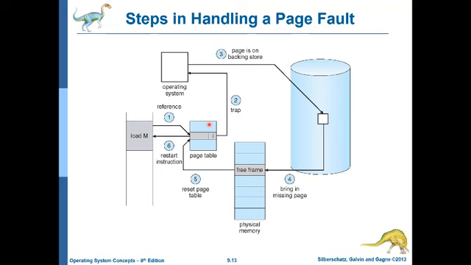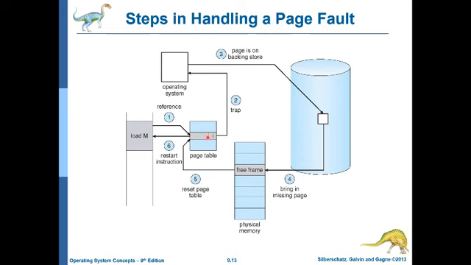Now this diagram shows all those steps to handle a page fault by the operating system. In step 1, you see that in this area of code, it needs this module M to be loaded. For example, this is some instruction, and it makes a reference to this page which is not there.